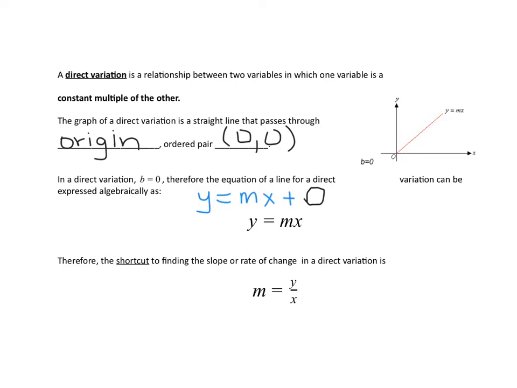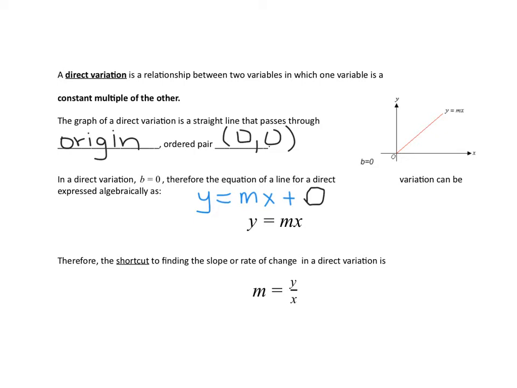So if I were to simplify this equation a little bit further, that would leave me with y equals mx. So y equals mx is the base template for any linear relation that you are classifying to be a direct variation. The b value, or the initial value, is 0, which is why we don't see anything attached at the end of our equation.